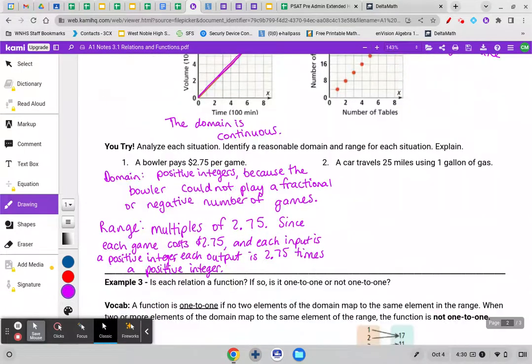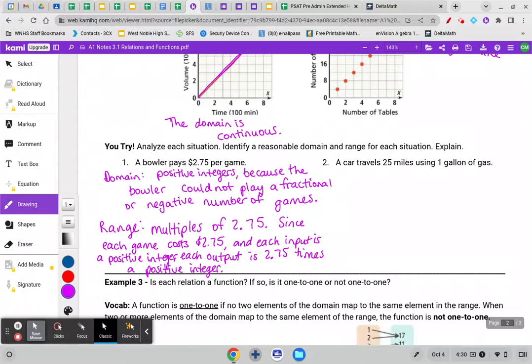Okay, so this you try for the first one. It says a bowler pays $2.75 per game. We have our domain. Now, it has to be positive integers because a bowler cannot play a part of a game. They would still pay the full price for a game, even if they only played a couple of the rounds. And then you can't play a negative amount of games. If you're going bowling, you're going to play a positive amount of games.